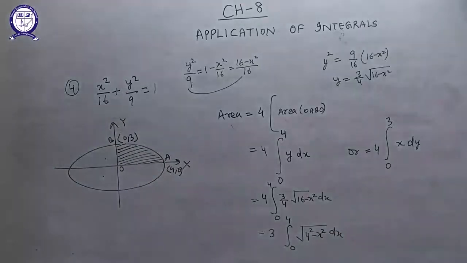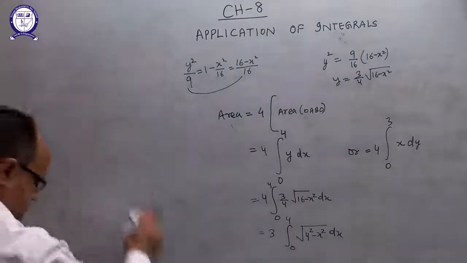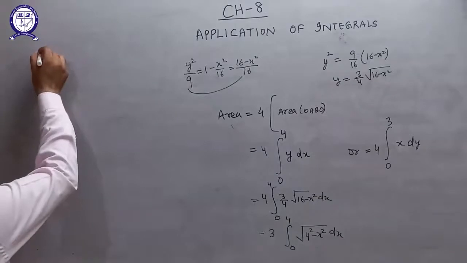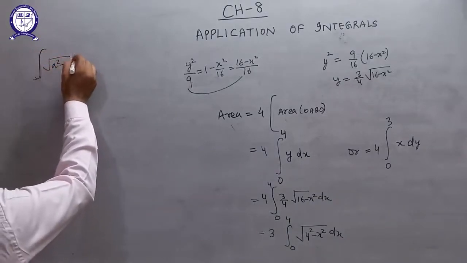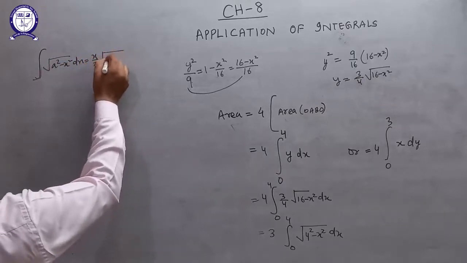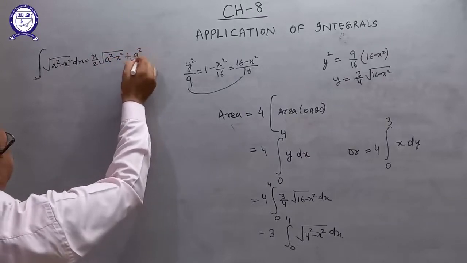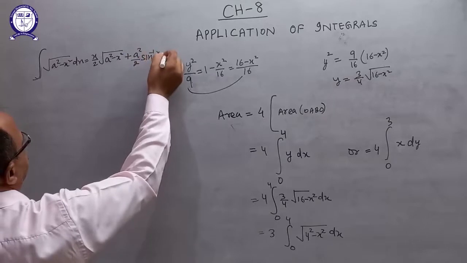You know the formula, the property for integration of root a square minus x square, that is x by 2 root a square minus x square plus a square by 2 sin inverse x by a plus c.